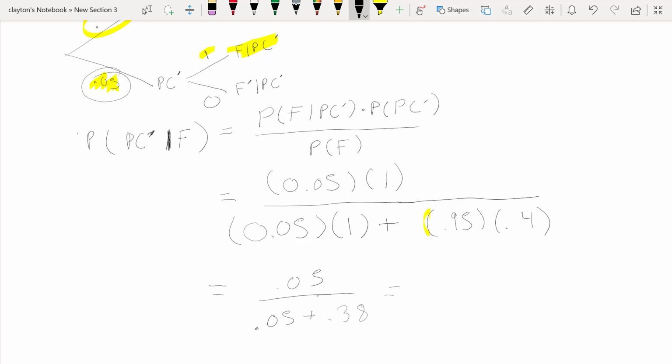We'll add 0.05 to this, sorry. And we'll take 0.05 and divide it by 0.43. And we get the correct answer, 0.11628, I guess.